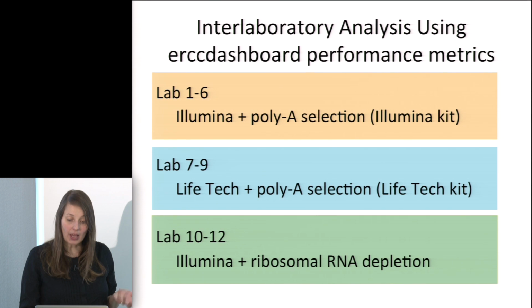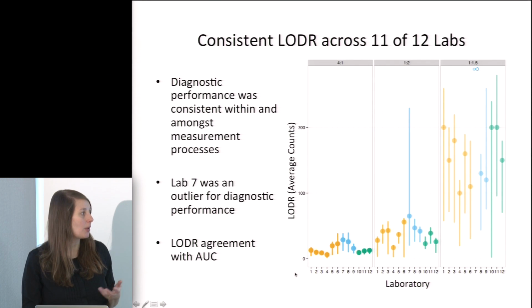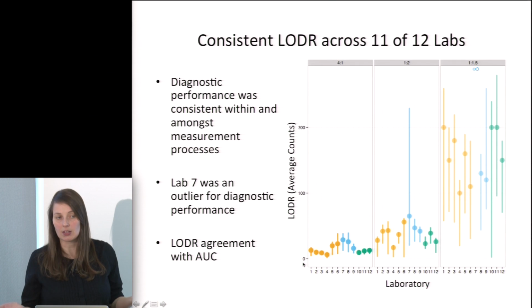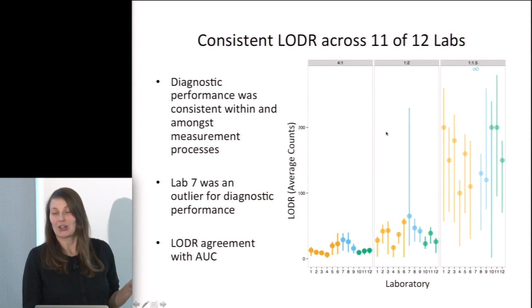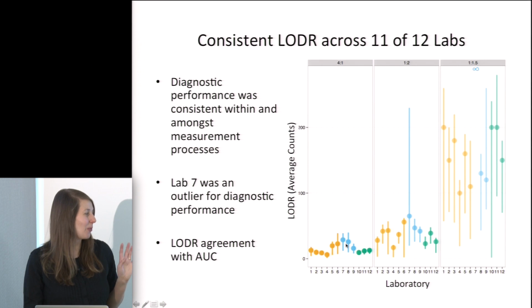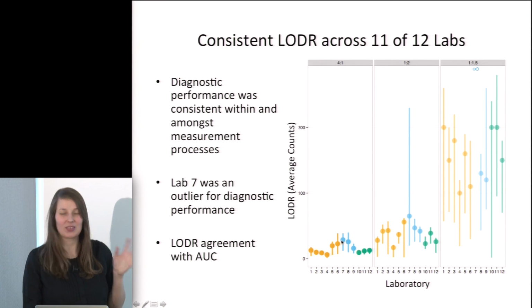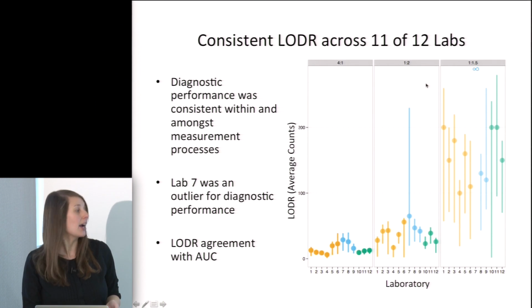And so an example of what we found when we compared LODR across all the laboratories was that it was consistent across 11 out of the 12 laboratories. And that was reassuring to see that we are able to get consistent results with these samples. And we found that Lab 7 was an outlier for diagnostic performance.